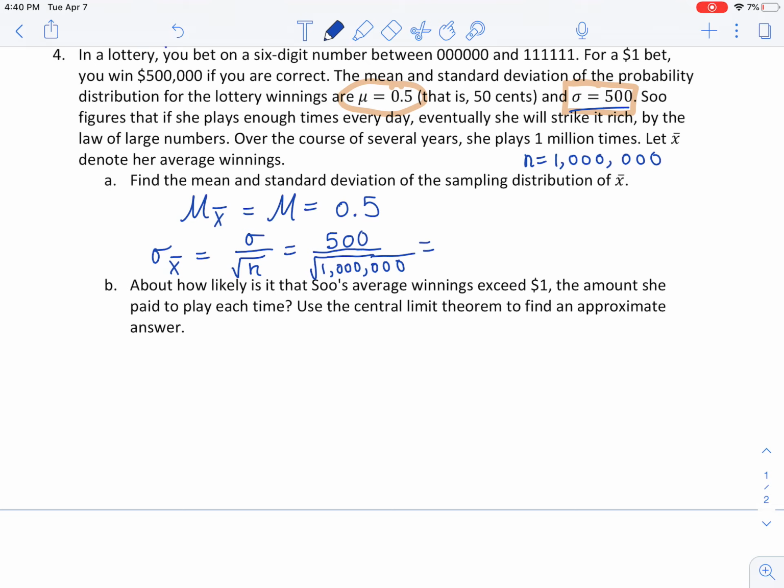But the denominator, I'm going to have to take the square root of 1 million. So what is 500 divided by the square root of 1 million? That is going to be exactly half.